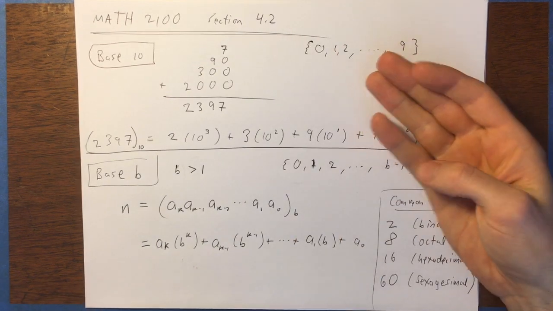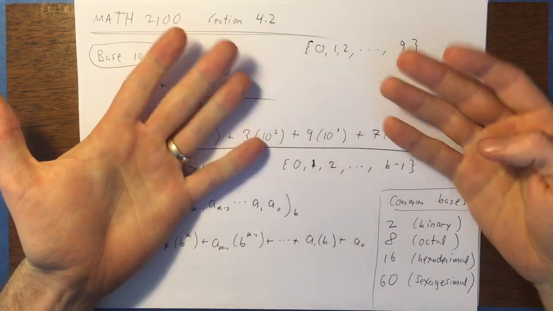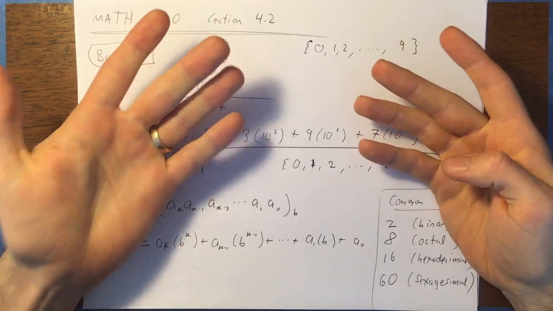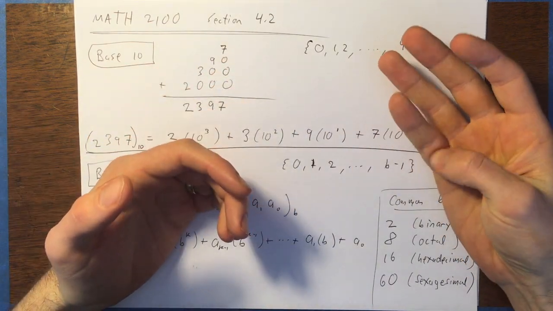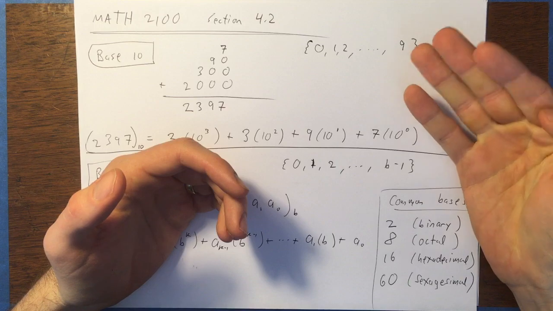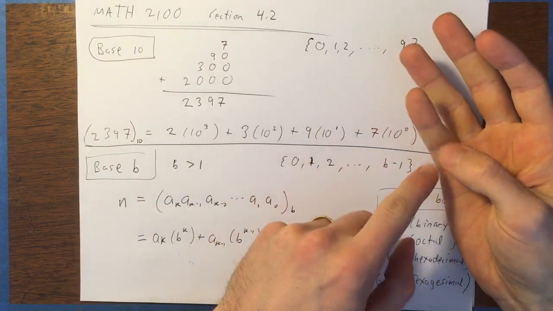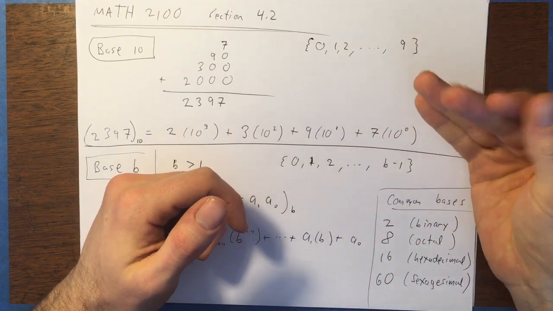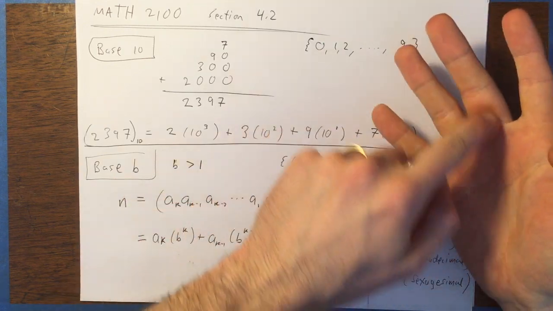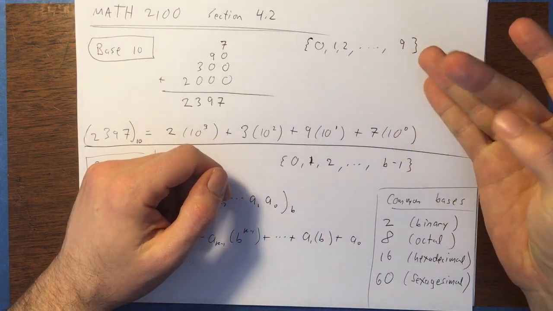I want to take a minute to explain something cool about base 60. 60 is a multiple of 12. It's 5 times 12. And the Babylonians had this really cool way of counting on their hands, because you'll notice that on your fingers you have 3 segments per finger, and they're very easily distinguishable by the creases in your fingers. So 3 times 4, you have 12 segments on your fingers over here, and you can use your thumb to count which one you're talking about.